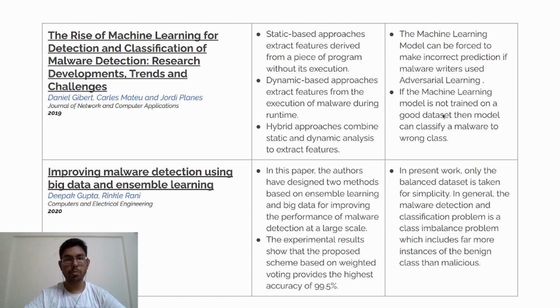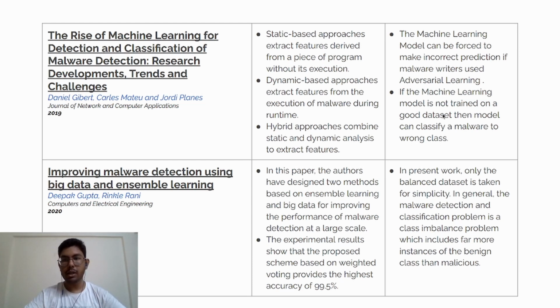But the disadvantages were the model could be forced to make incorrect predictions if the malware writers used adversarial learning, and if the machine learning model is not trained on a good dataset, then the model can classify a malware to the wrong class.